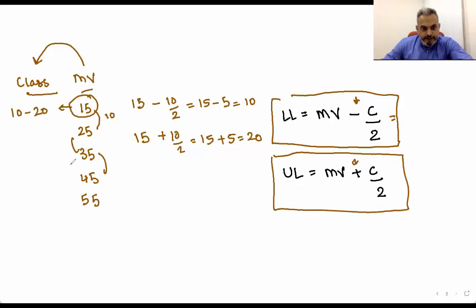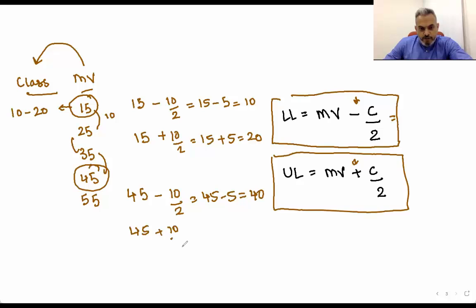तो पहला क्लास क्या आया? 10 to 20. मान लो फॉर 45 वी वांट टू फाइंड. सो 45 minus 10 by 2 which is equal to 45 minus 5 which is equal to 40, and 45 plus 10 by 2 which is equal to 45 plus 5 which is equal to 50. So here it will be 40 to 50.